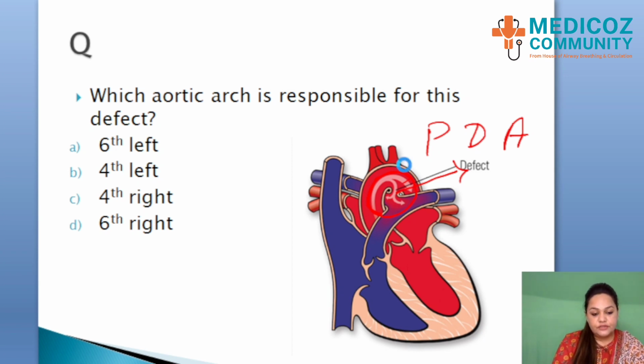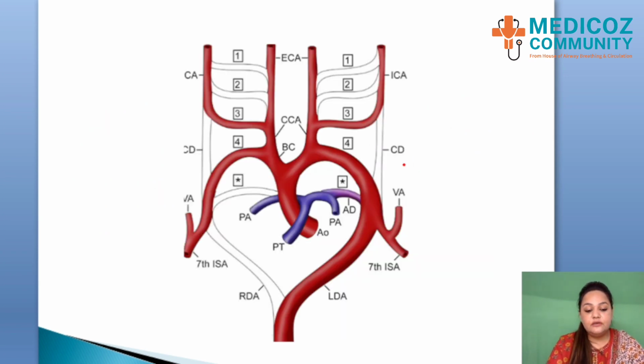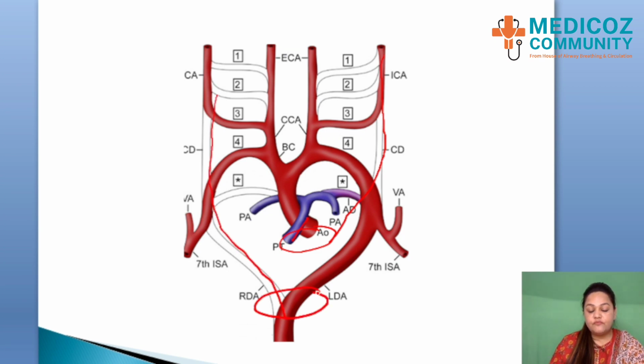So for that we will just see this diagram here. Okay, so here in this diagram you can see this is the truncus arteriosus, which is dividing into the pulmonary trunk and the ascending aorta. Here we have the dorsal aorta, right and left dorsal aorta, and in the lower part they are joining with one another and forming the common aorta here.